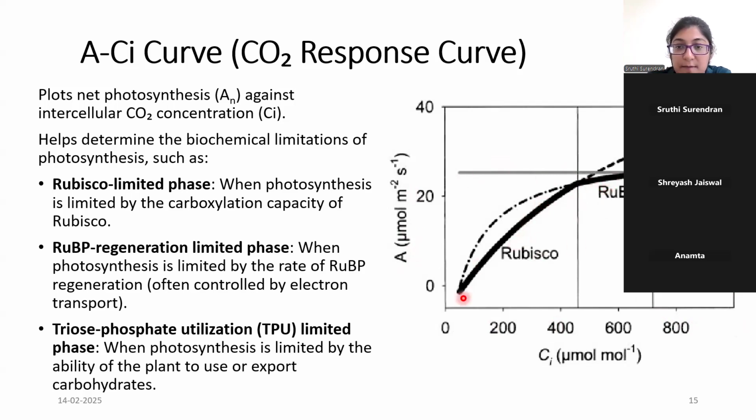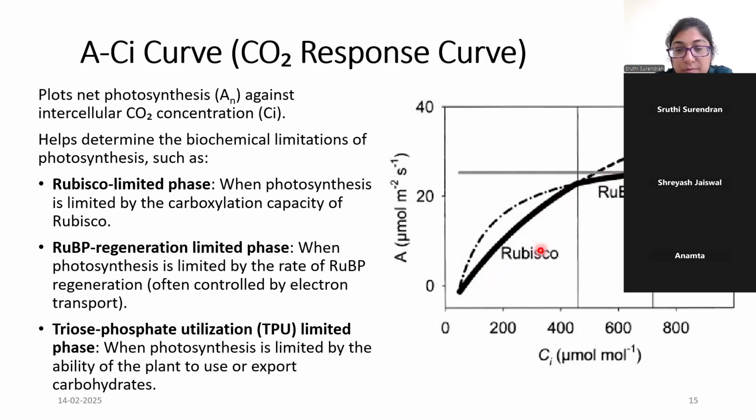It is going to have an initial steep increase. Then at one point of the carbon dioxide value, that increase is not going to be very high. The rate of increase is going to be a little less. And at another point in the carbon dioxide concentration, you see that there will be no increase and there will be a steady line. A steady state is attained in the net assimilation.